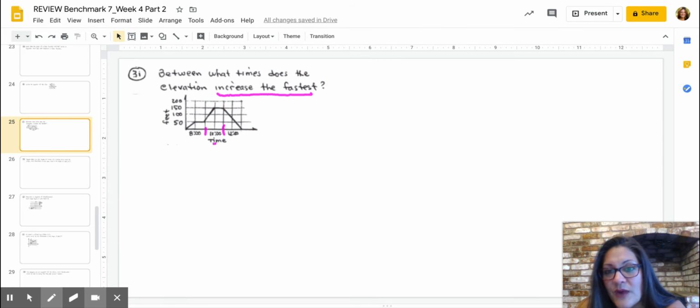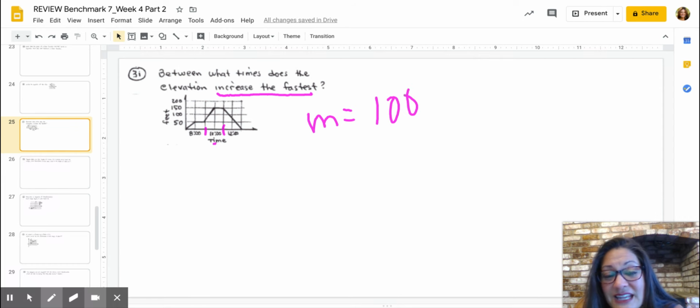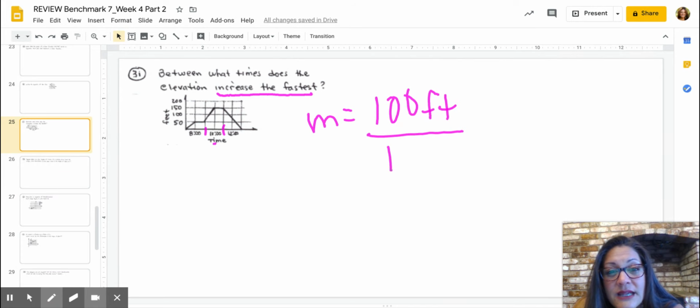We go rise over run. So it increases by 100, because it goes from 50 to 150. And it does that, so that's feet, in only 1 hour's time. 1 hour.